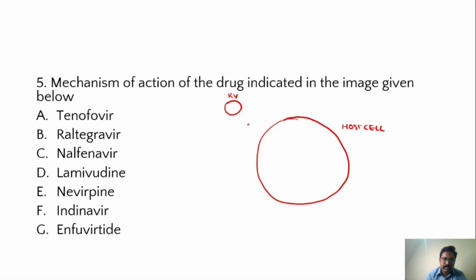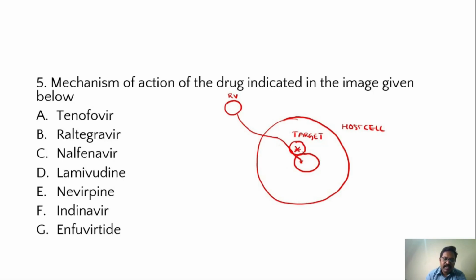What they showed in the image was the point where this virus enters into the host cells, just before integrating into the host DNA. So which is the target drug which is going to act here?